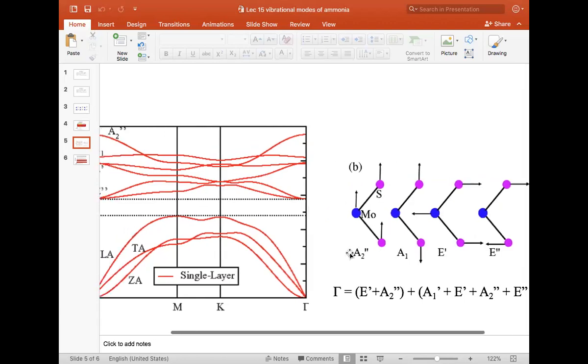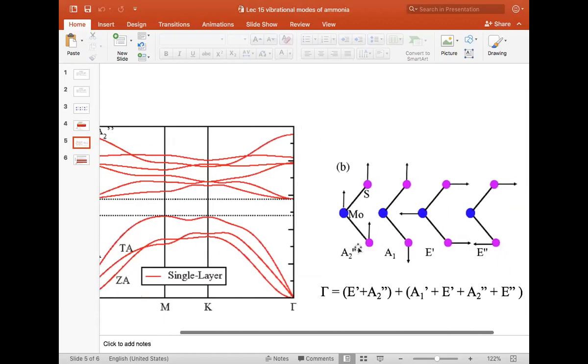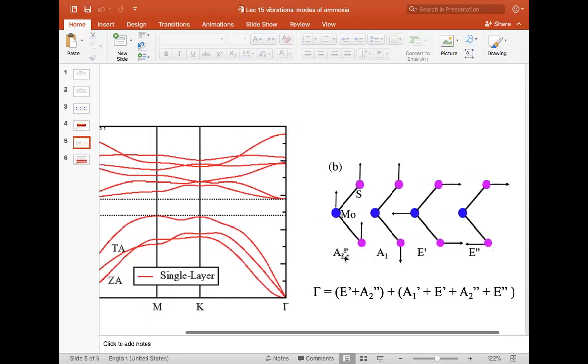I don't know the one for this mode. I think this one is showing the ZA mode. This is certainly the translation, because I copied this from the internet. I didn't double check whether they're correct or not. If we suppose that A2 double prime is the optical component, then that arrow should be different.